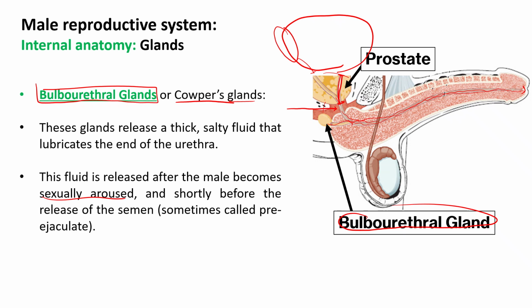So these bulbourethral glands produce the fluid called pre-ejaculatory fluid, whose main function is to lubricate the urethra to allow the semen to pass very quickly, with less resistance, through the urethra during the ejaculation process.